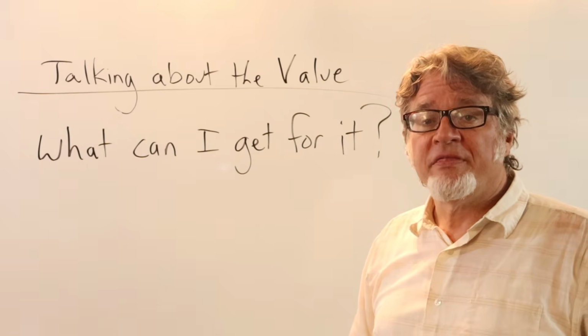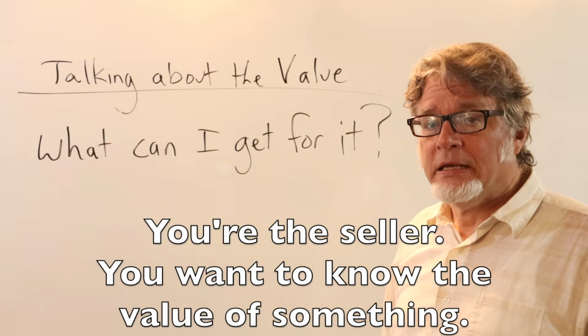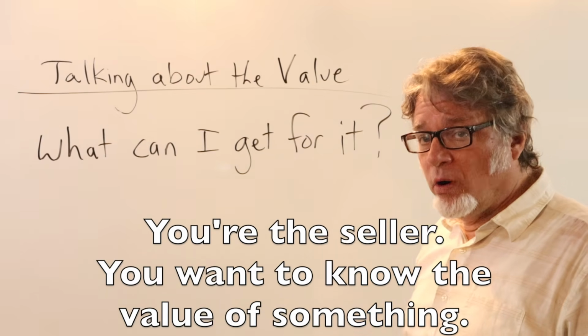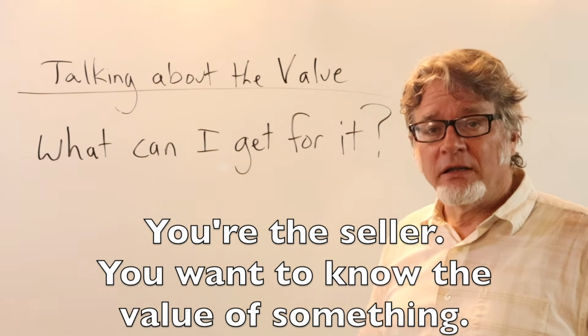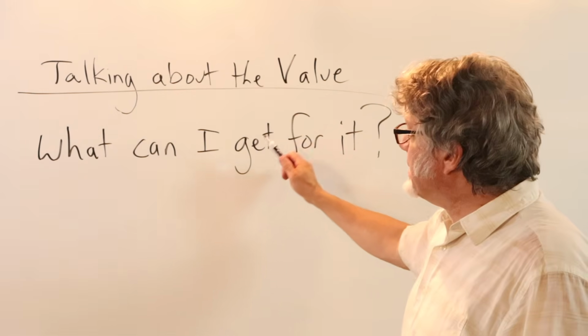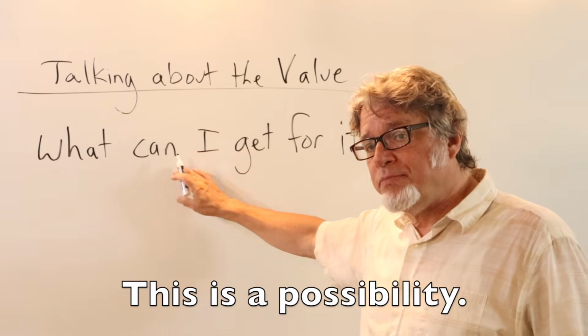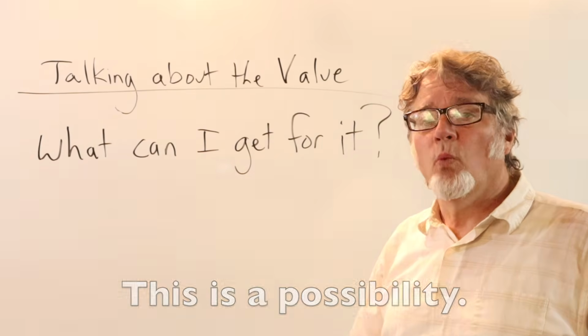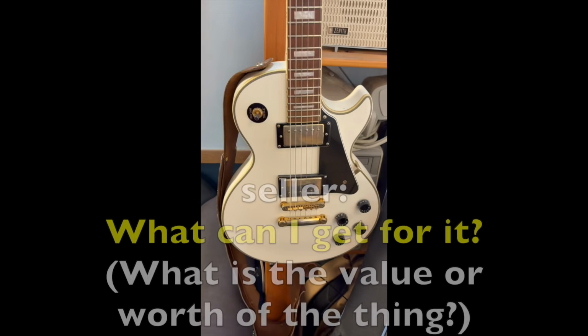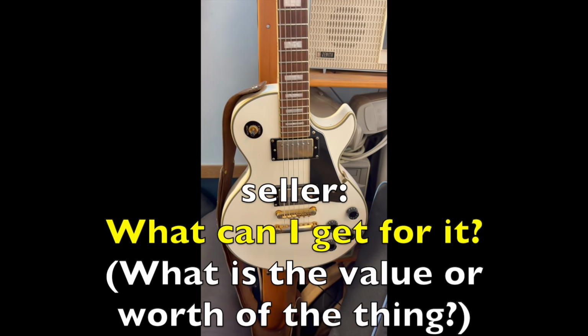When talking about the value of something, this is the estimated worth, the dollar amount. What can I get for it? This is a possibility. What can I get for it?